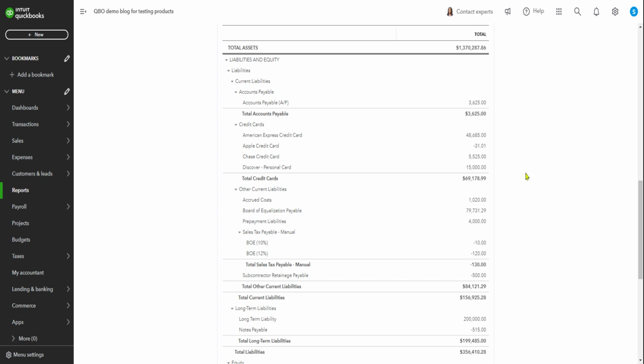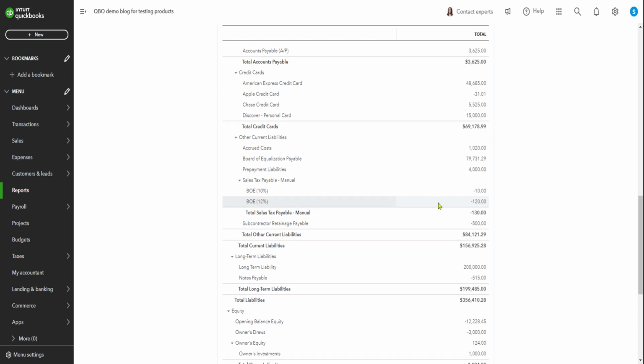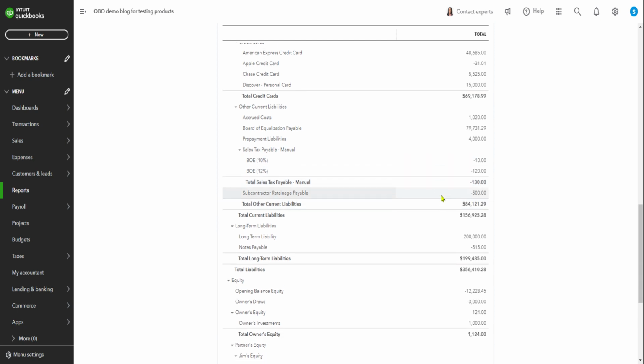You use it and you pay it over a certain time. And then you have other current liabilities, like if you bill your customer and you charge sales tax, it'll show up as your sales tax liability. And then if you have subcontractors payable, it will show up. That's also part of the current liabilities.